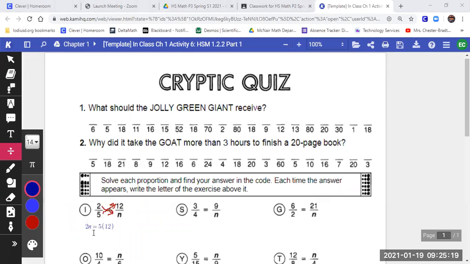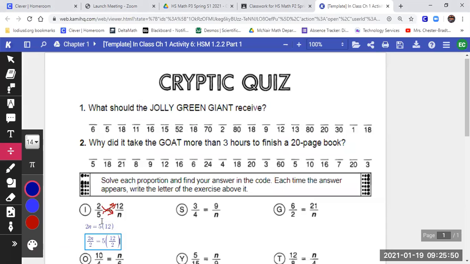Dividing. So when we go to do dividing, we do it as a fraction. So we're going to be doing 2n divided by 2, because I have to undo that multiplication. I need the letter by itself, equals 5 times 12 divided by 2, because 12 divides by 2 evenly. Now, could I have chosen to divide 5 by 2?